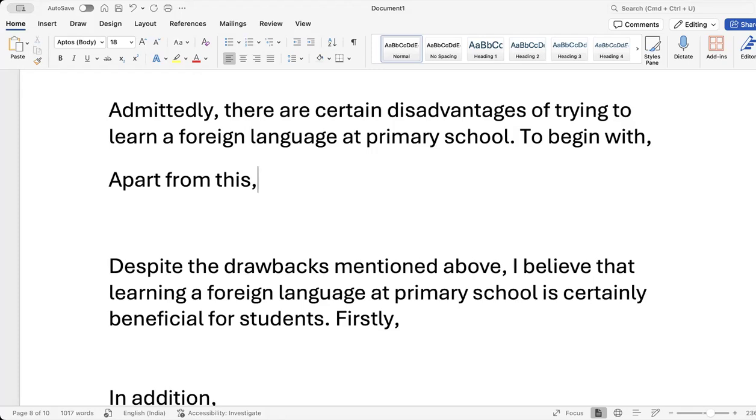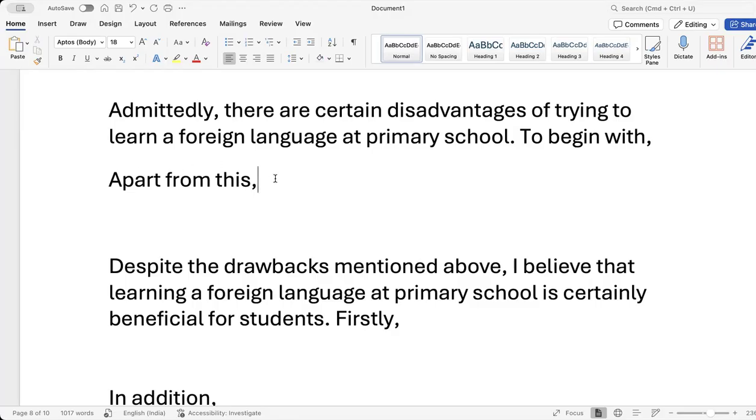Yes, sir, apart from. So that's another synonym for in addition. Yeah, apart from this. You're right. That's it, simple. And then you give your point. Apart from this means besides that, in addition to this point, there's another drawback.